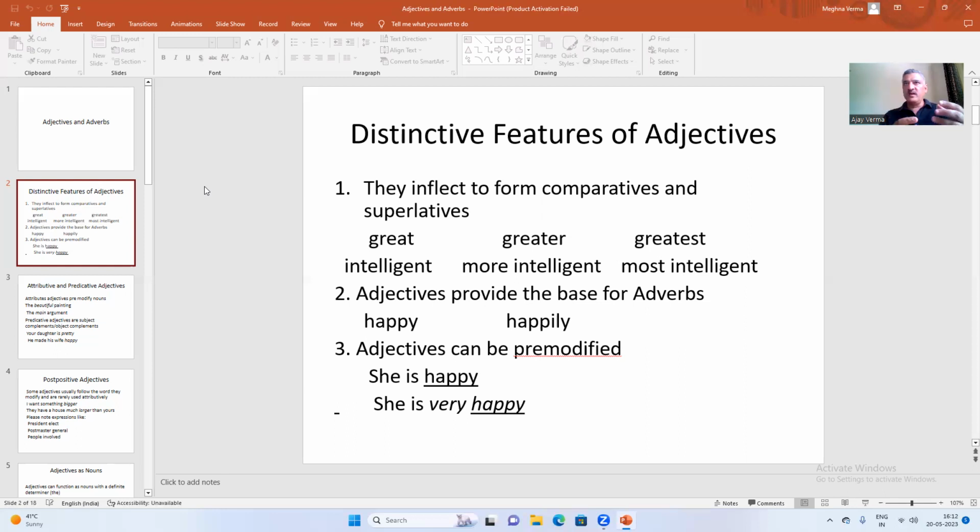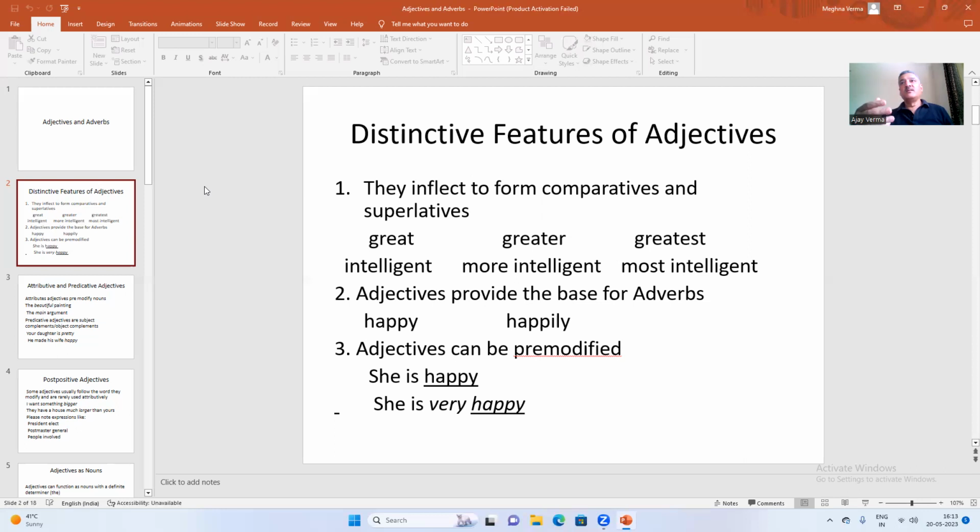Okay, so we commonly use adjectives in our day-to-day life, as when we say, okay, the phone is very expensive. He's a tall boy. Okay, she is an intelligent girl.